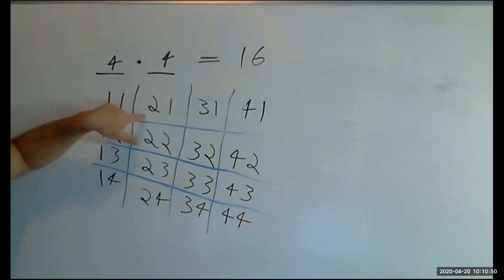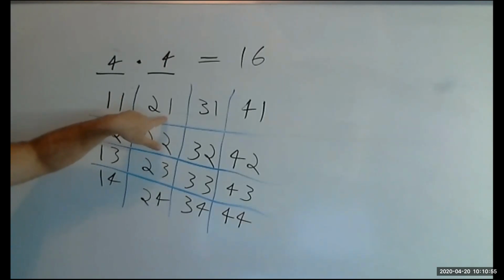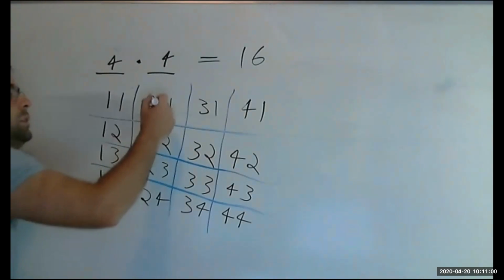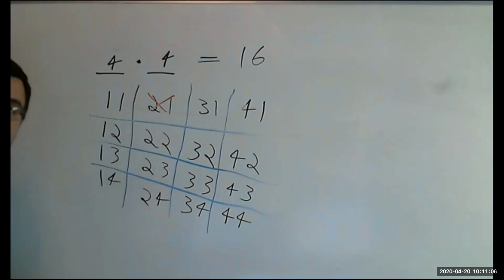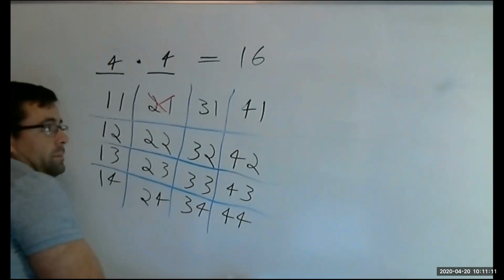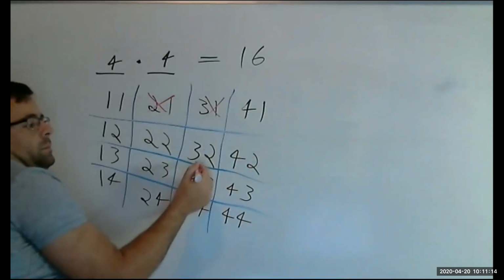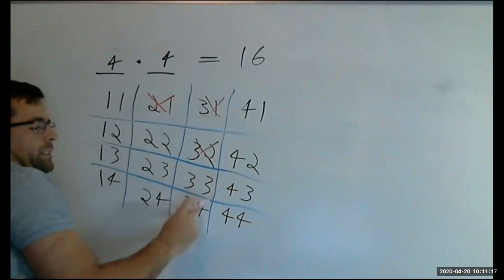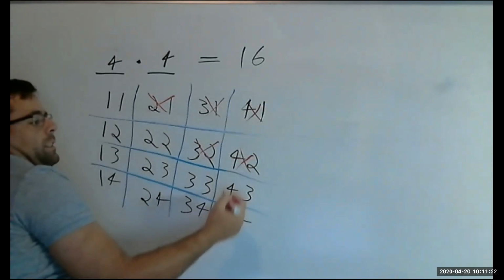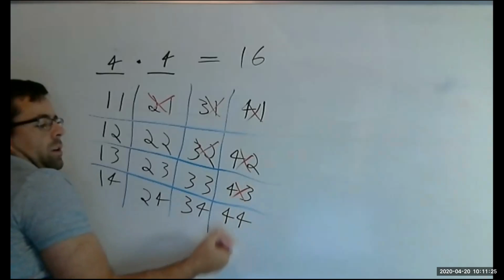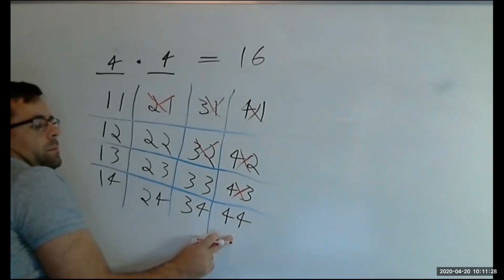So in this one, this value doesn't work because this one is not as big. So we lose that one. But this one and this one are all still correct. Now let's look at this. This one goes away, and this one goes away. But these two still work. And then over here, this one and this one all go away, and that one works.